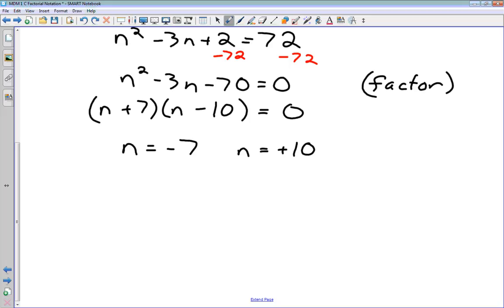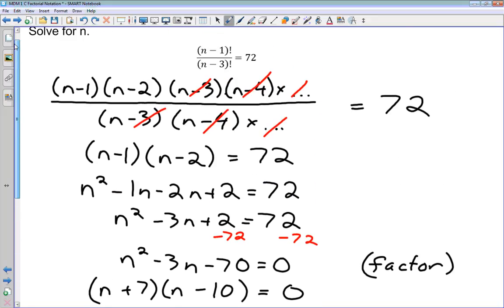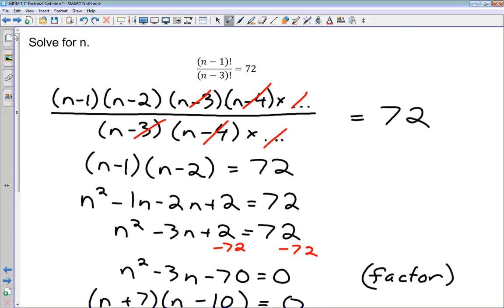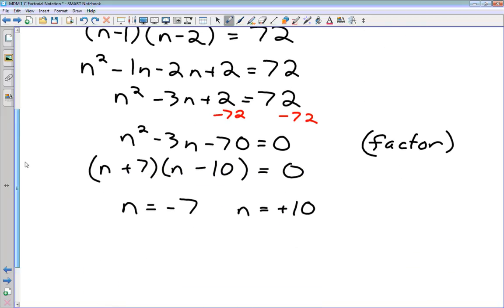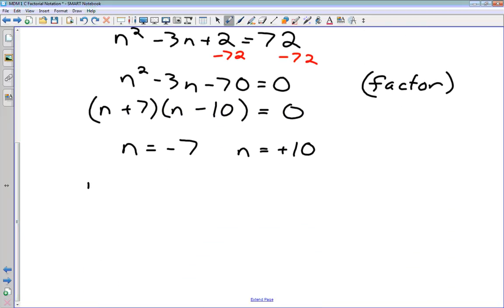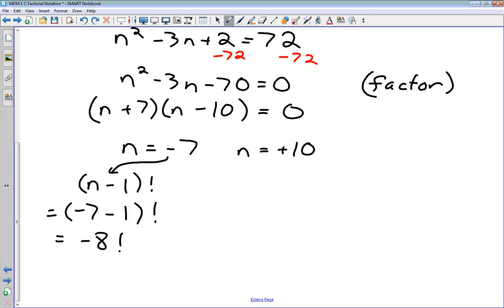Are both of these good solutions? To answer that question, we have to think about what would happen if we took these values for n and subbed them into our original equation up here. So originally we had n minus 1 factorial and n minus 3 factorial. If we try subbing in n equals negative 7 to, let's say, n minus 1 factorial, we get negative 7 minus 1 factorial, or negative 8 factorial.